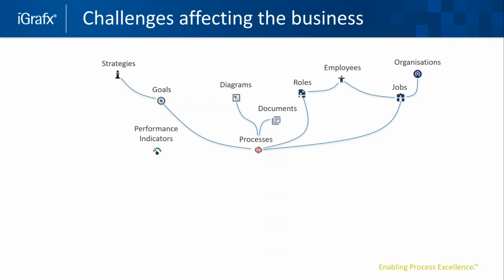Now, with performance indicators, we are able to define where in processes we need to measure things, but Grafx also has licenses and a module for a real performance management system. That means we can also read data from other systems and put it into a visual dashboard, so that you can use our performance indicators not only to document that something has to be measured, but also to show performance data live.